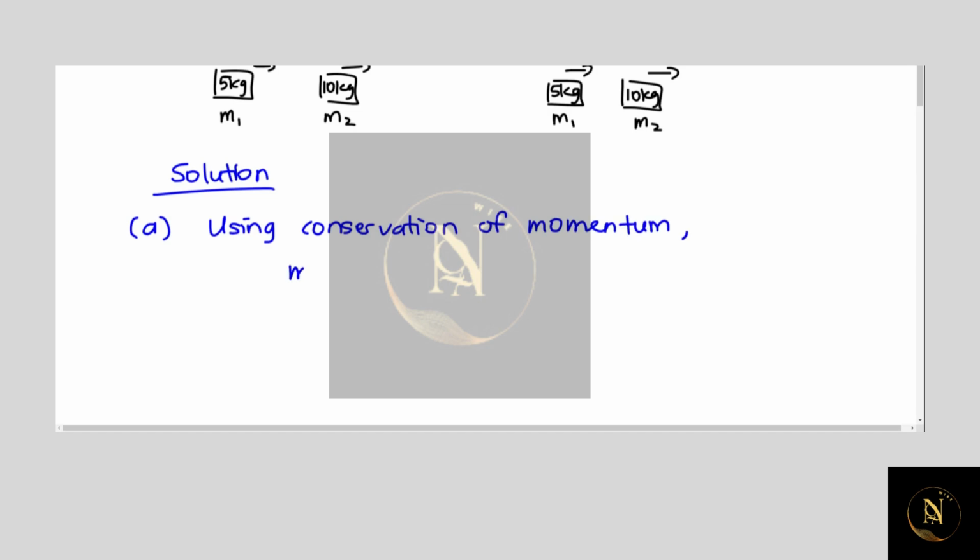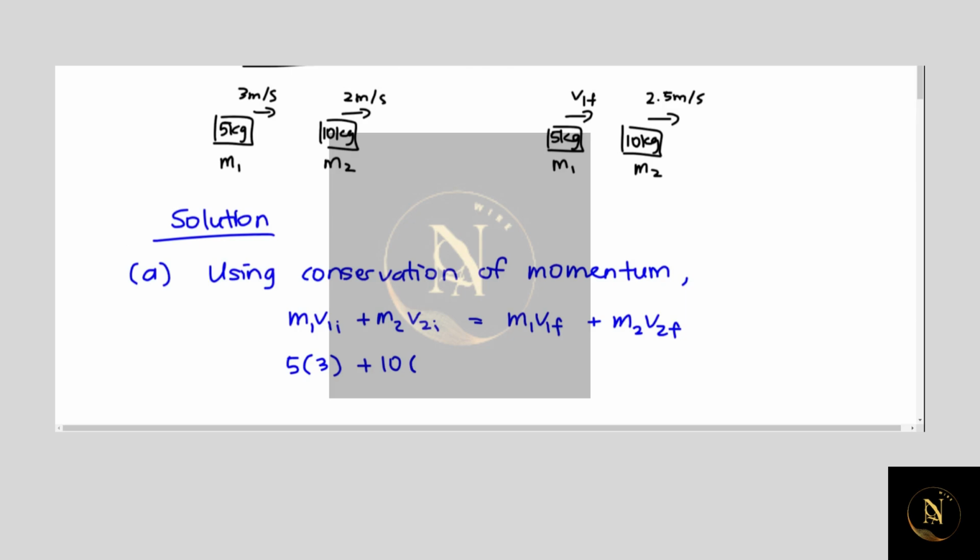We have M1 V1I plus M2 V2I is equal to M1 V1F plus M2 V2F. Then you put in the numbers. M1 is 5, V1I is 3, M2 is 10, V2I is 2, and then 5 V1F plus 10 times 2.5.